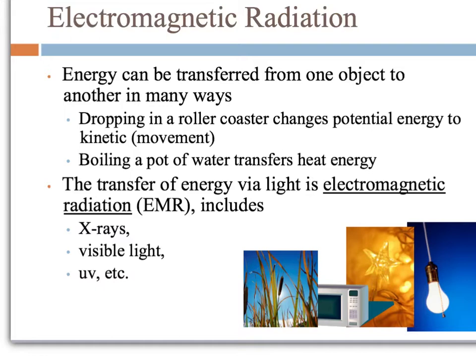There are all kinds of different sources of light and places where light can be found to contain electromagnetic radiation. Some of those sources that you might be familiar with are X-rays. So X-rays are actually an energy source that involves light.